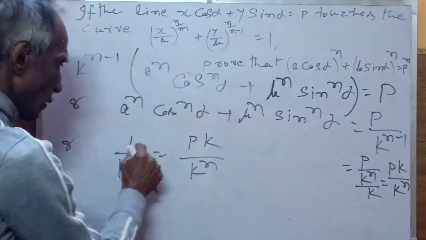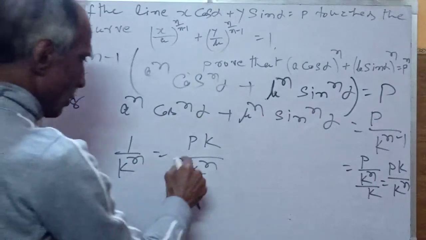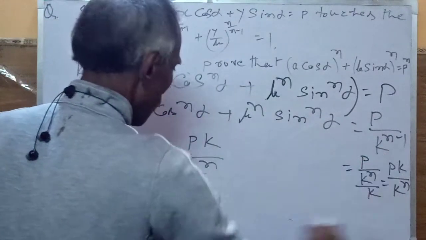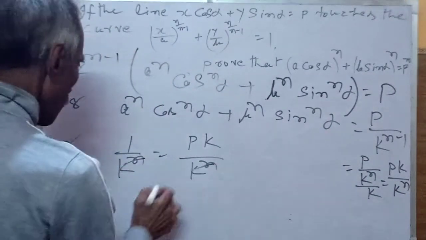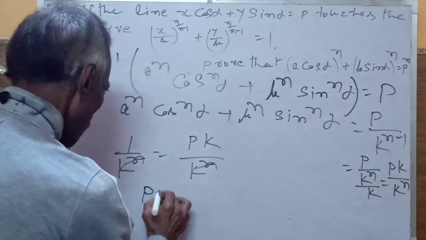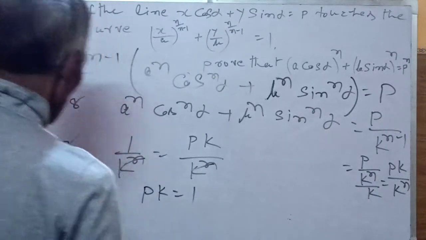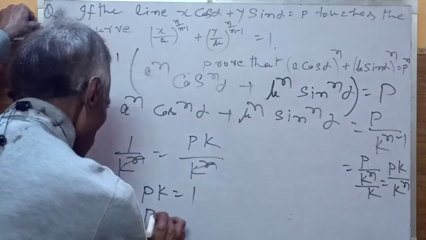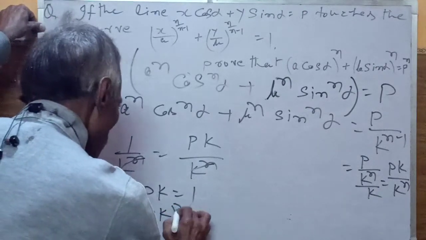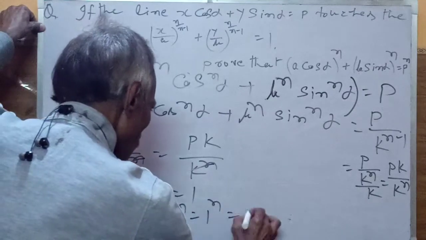So for this, write 1 by k^n, and this will be equal to pk by k^n, or pk is equal to 1. Or we can write (pk)^n is equal to 1^n, that is 1.